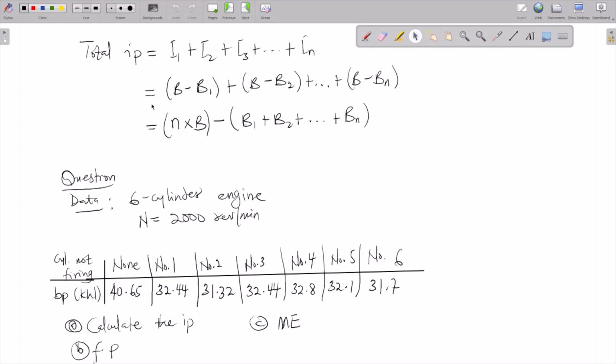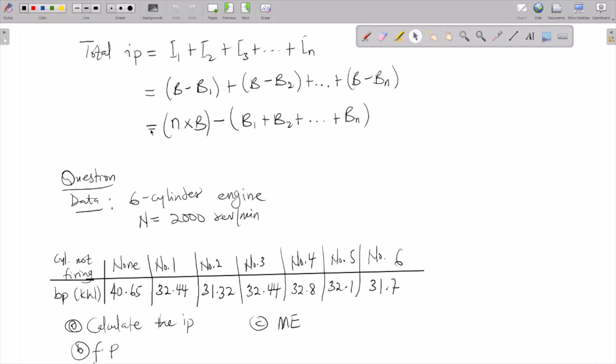This can also be rewritten as the difference between the total brake power when all cylinders are firing minus the brake power when cylinder number 1 is being cut off, plus the total brake power minus the brake power when cylinder number 2 is being cut off, in that order.